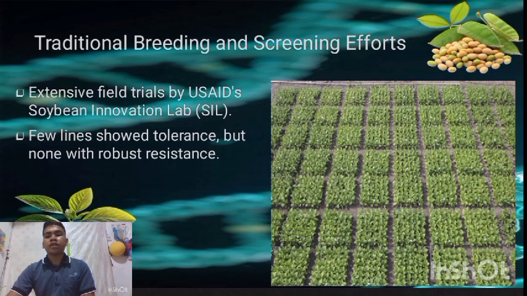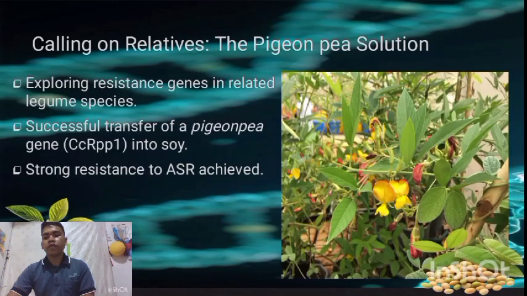And then comes the idea of calling on the relatives: the pigeon pea solution. Exploring resistant genes in related legume species. Soybean has a related legume species, the pigeon pea. Successfully transferring the pigeon pea gene CcRpp1 into soy, strong resistance to SR was achieved.